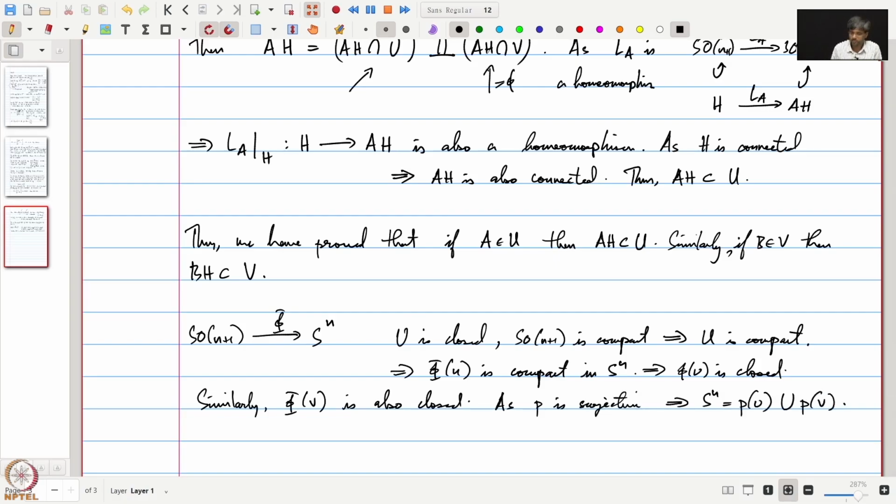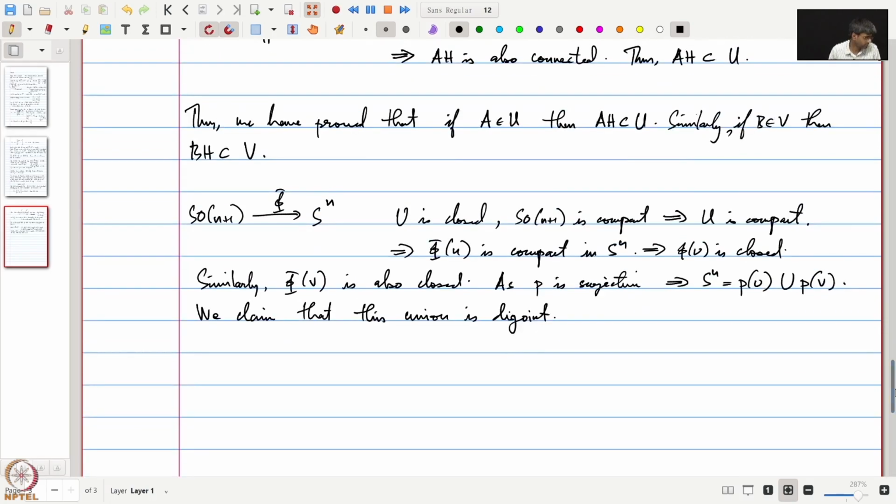So we claim that this union is disjoint. Right? If not, there exists some vector v in phi of U intersection phi of V. Right?